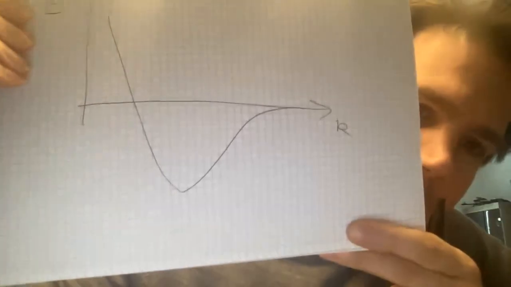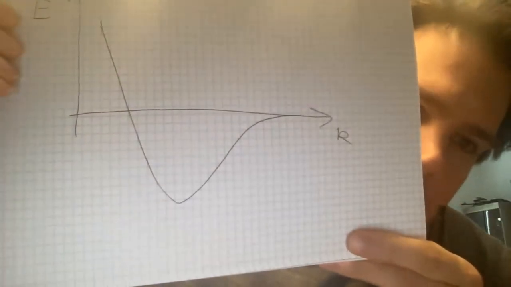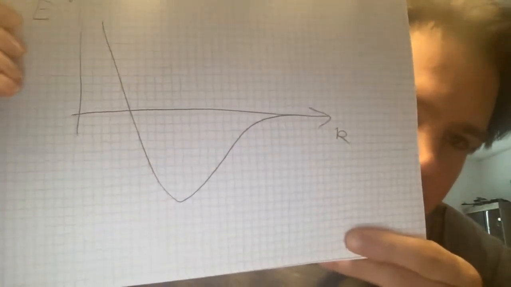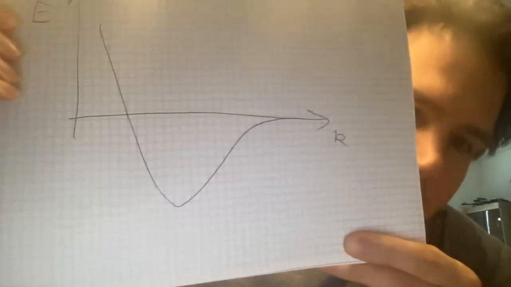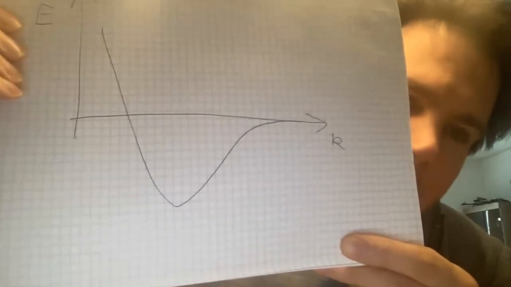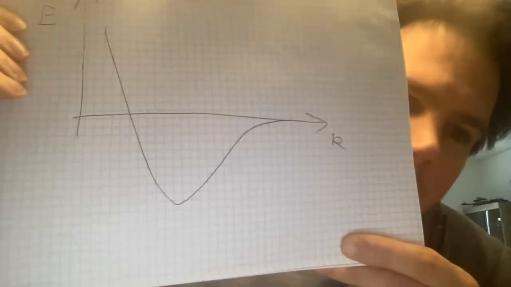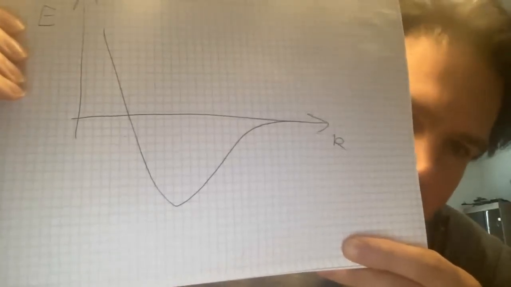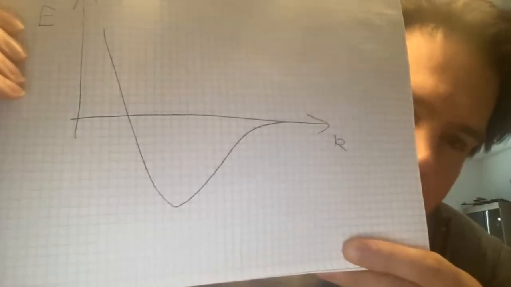Okay, this is our potential energy surface, which in the case of a diatomic molecule is a pretty simple surface. It's actually a curve, right? Energy as a function of just 1 coordinate, the internuclear distance. This is what we get.